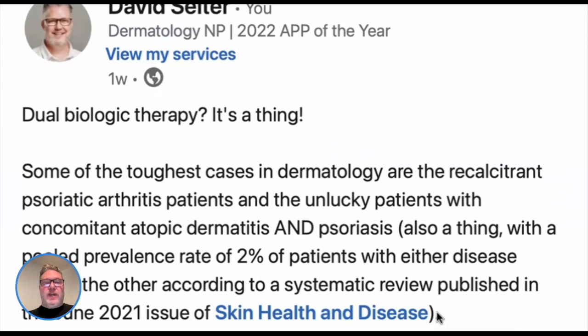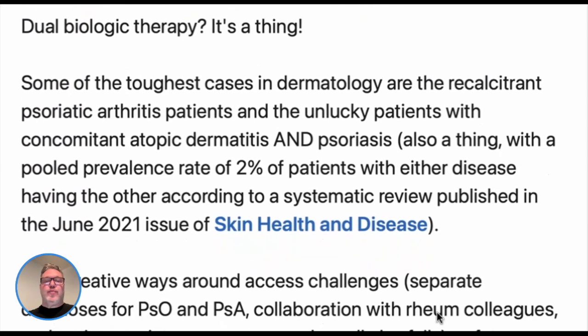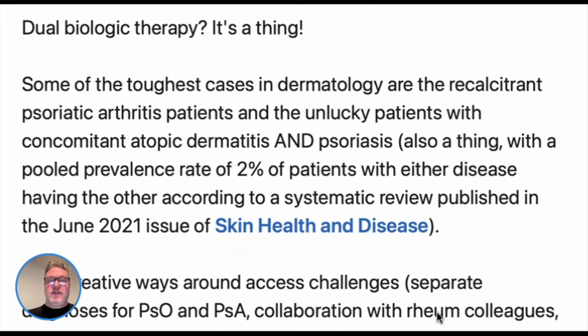My next quick pick is on dual biologic therapy, and yes, it is a thing. Some of the toughest cases in dermatology are the recalcitrant psoriatic arthritis patients and the unlucky patients with concomitant atopic dermatitis and psoriasis, which of course is also a thing.